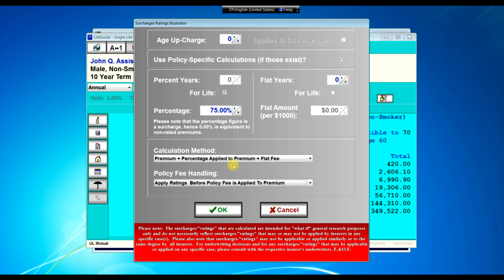Okay, so we'll leave that at the default, which is premiums plus percentage plus a flat fee, which we will deal with in a few minutes. And the calculation is done by applying the ratings before the policy fee is applied, and then once the ratings are calculated to the premium, then the policy fee is added.